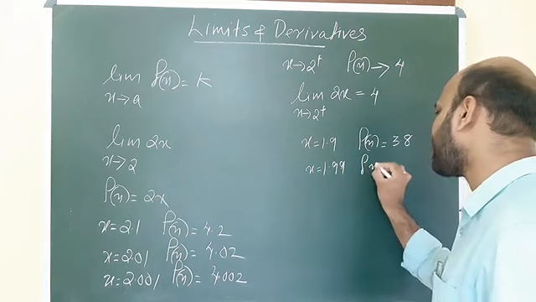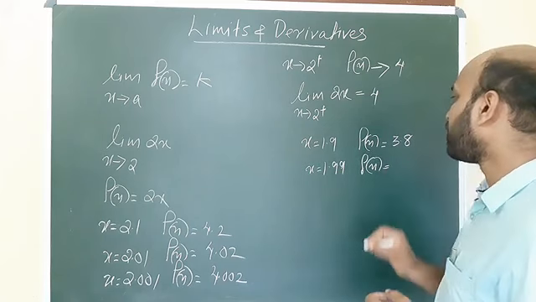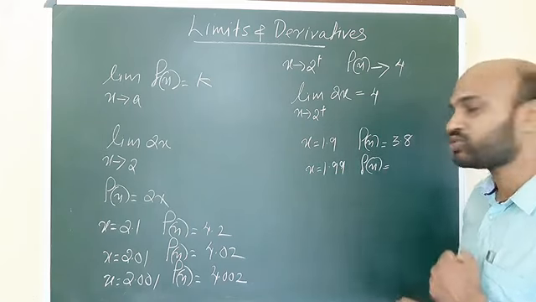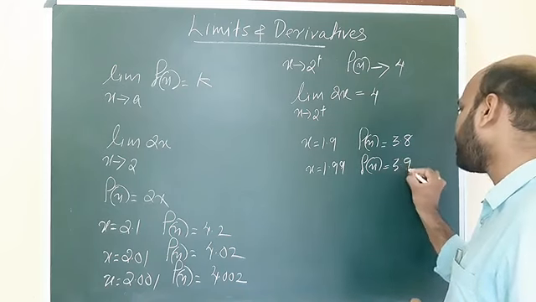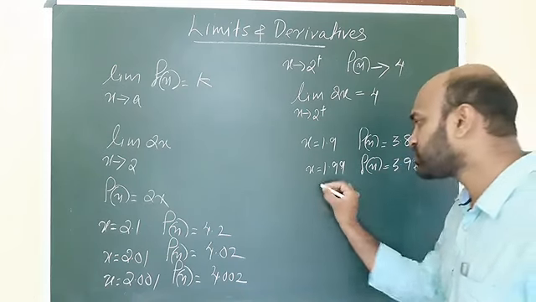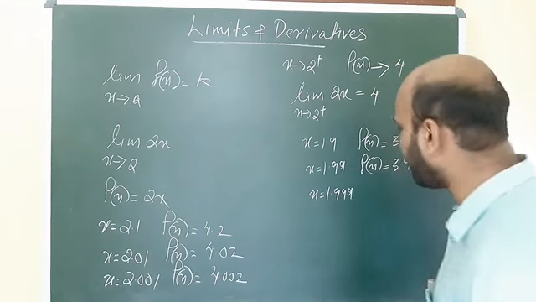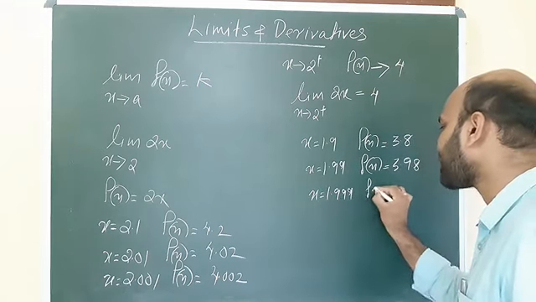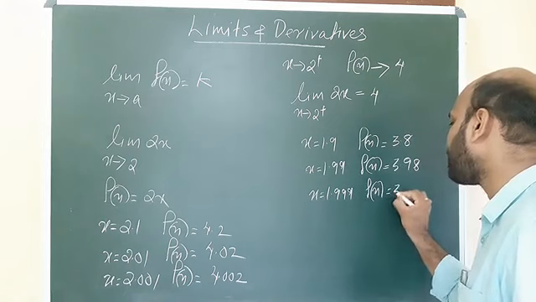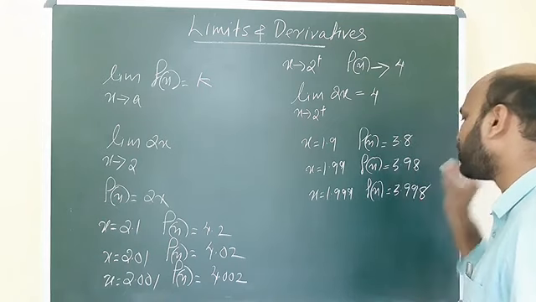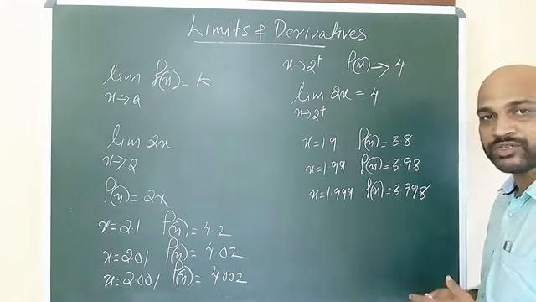So in that case, what is f of x? 1.99 into 2, that is 3.98. Okay, x can take one more number, 1.999. So in that case, f of x is equal to 3.998 we will get.